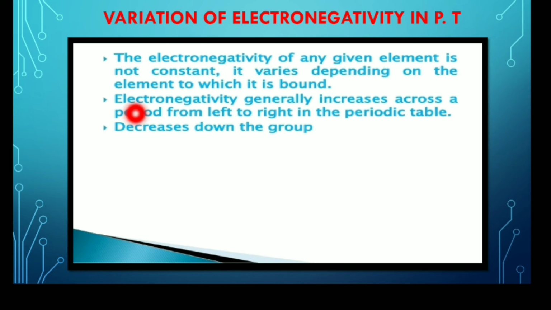So top to bottom, electronegativity values decrease because the attraction power of the nucleus for the electrons is less.